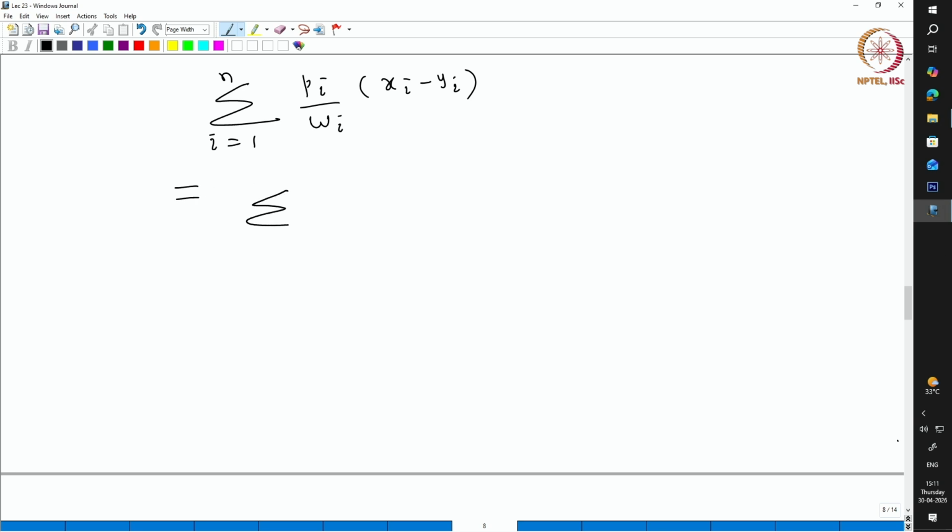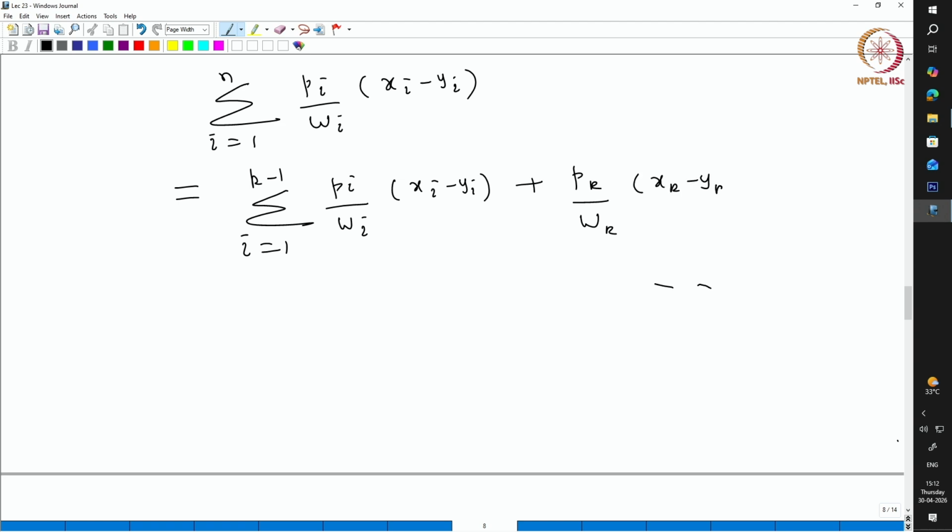This is equal to the sum over i going from 1 to k minus 1 of Pi by Wi times (xi minus yi), then the kth term, Pk by Wk times (xk minus yk), plus the sum over i equals k plus 1 to n of Pi by Wi times (xi minus yi).